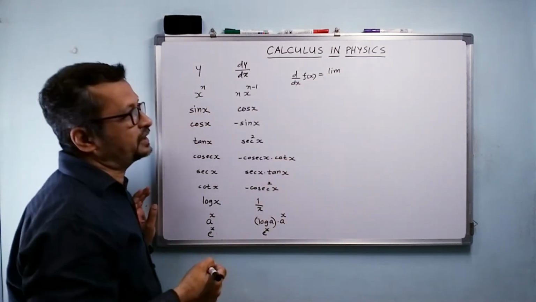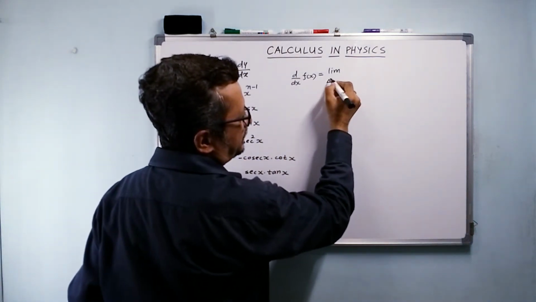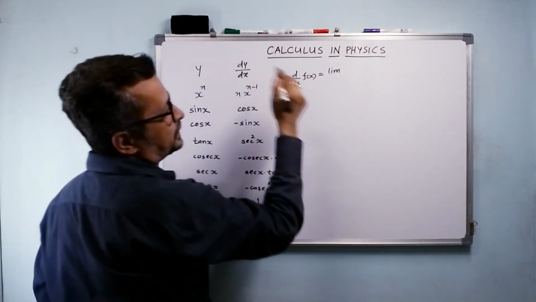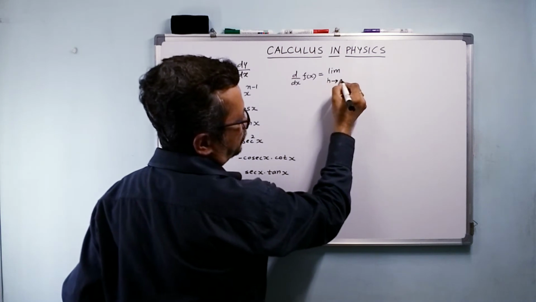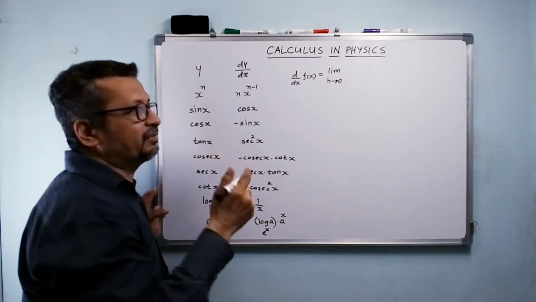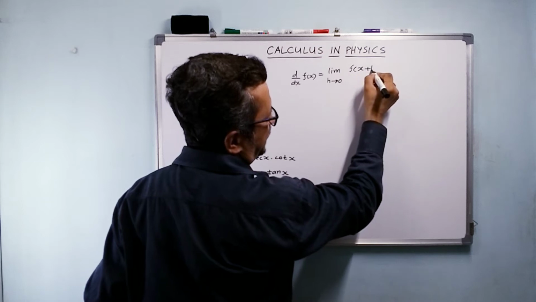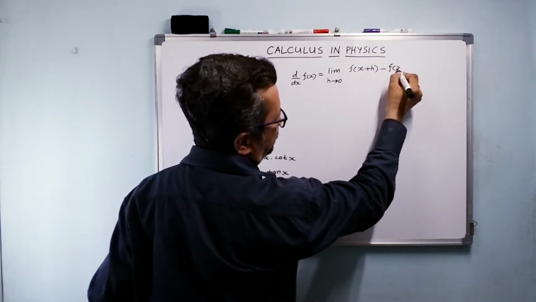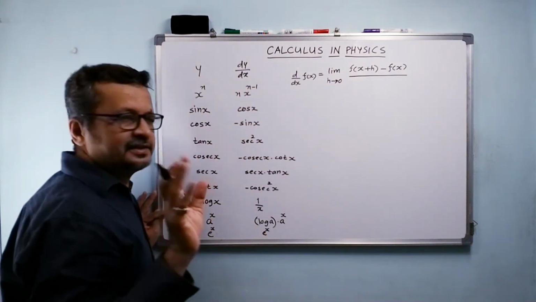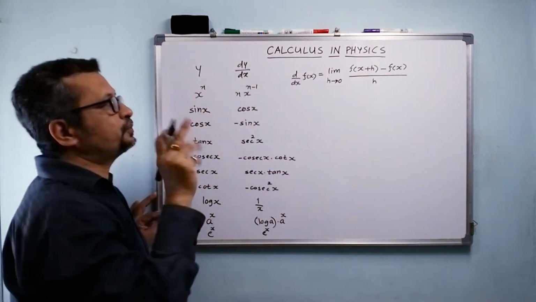Fx is a function of x, so d dx of fx is limit as h tends to 0, instead of delta x. I don't want to write that delta everywhere. So that is f of x plus h minus f of x upon x plus h minus x, which is going to be equal to h. Correct? I am going to prove for this.